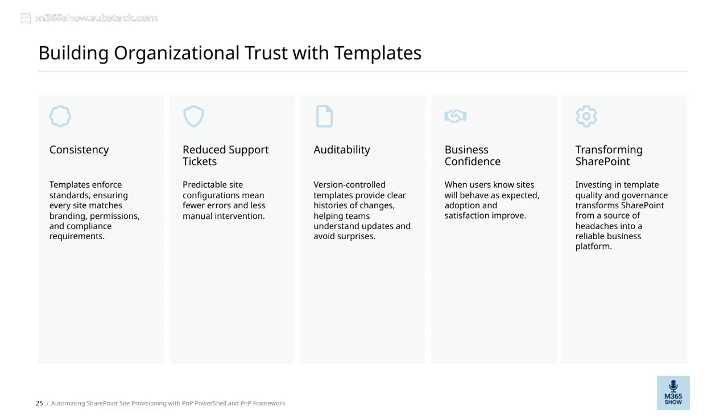Finally, automating site provisioning with tools like PNP PowerShell and the PNP Framework streamlines the entire process, making it faster, more predictable, and easier to scale across the organization. When we invest in these areas, we're not just improving technology, we're strengthening our overall business operations.